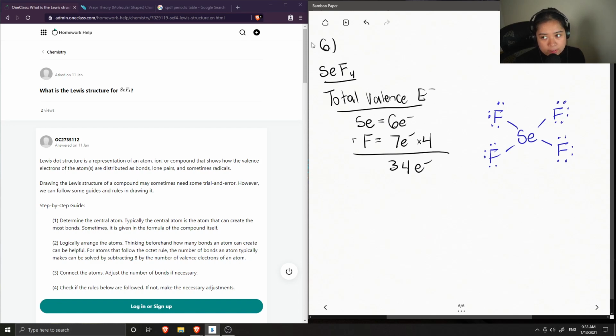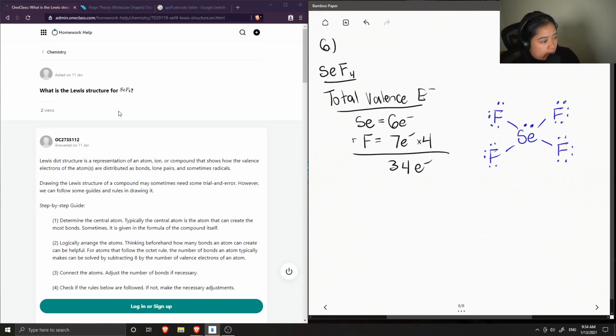So if I count out how many electrons I've drawn so far, with each bond containing 2 electrons, I only have 32 out of the 34. So for my last 2 electrons, I'm just going to put them on my central atom.